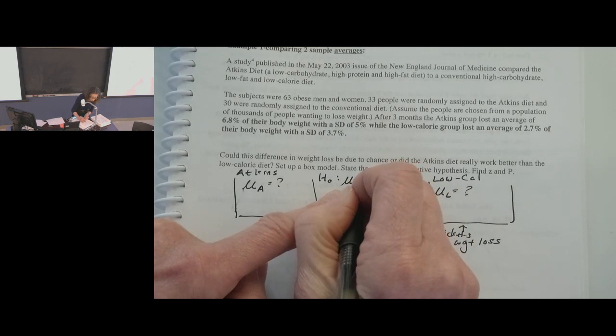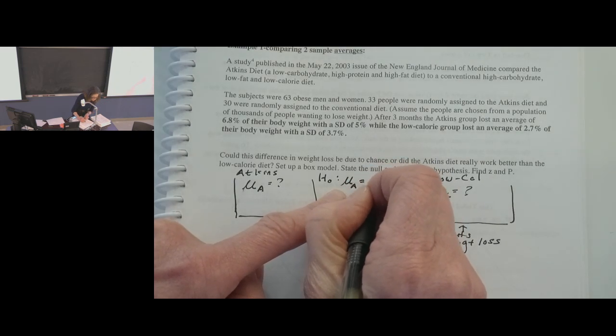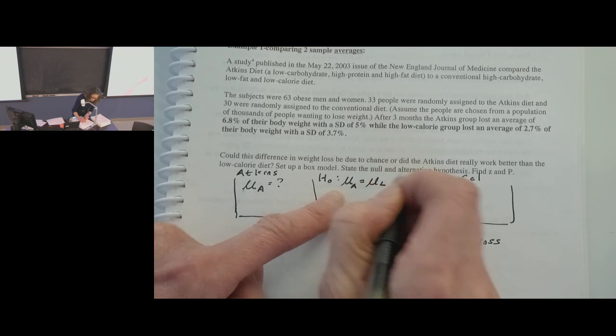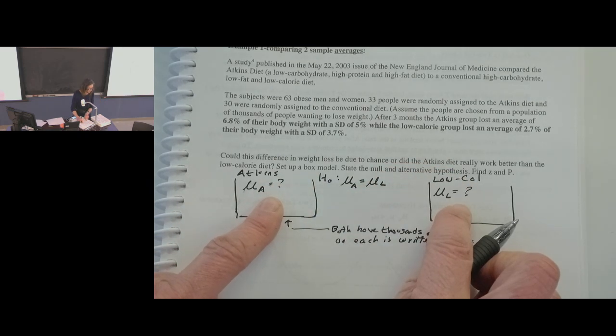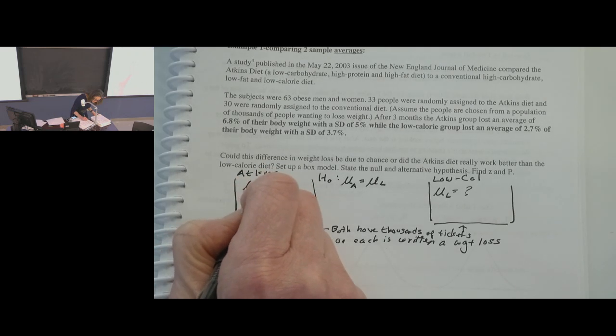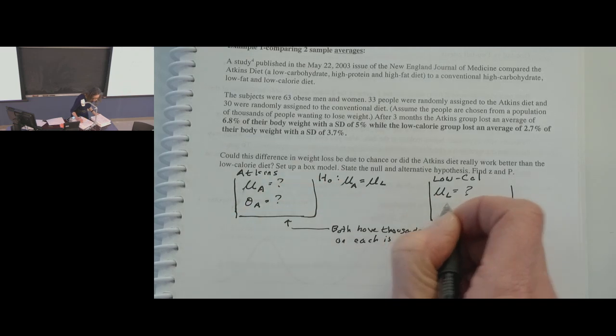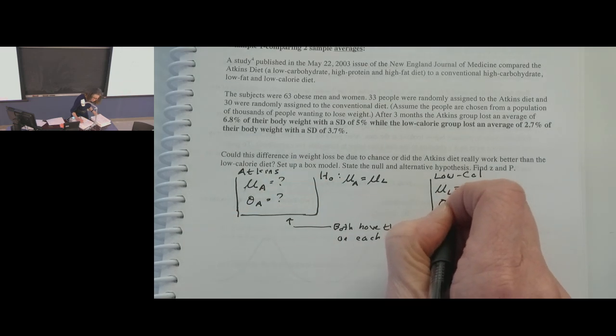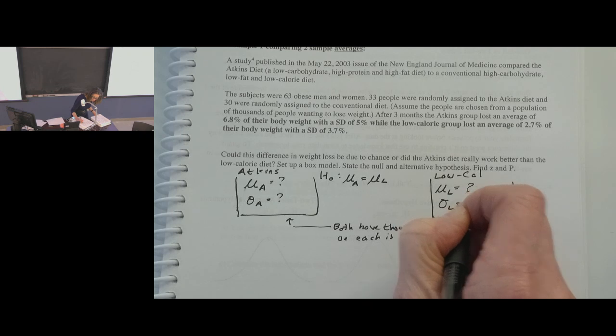The null is that in the population, these two are the same. We didn't necessarily say their standard deviation is the same, though. So we have a sigma for each. We also don't know those, and we're going to estimate them from our sample.